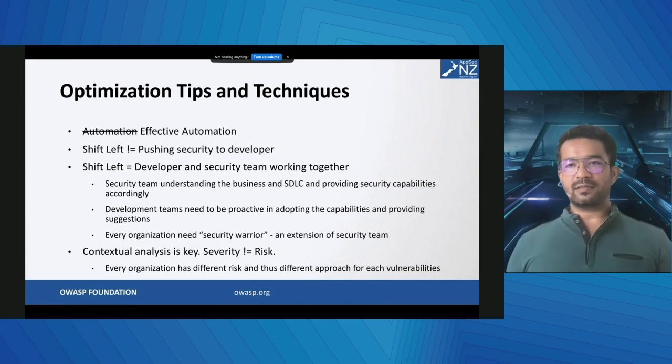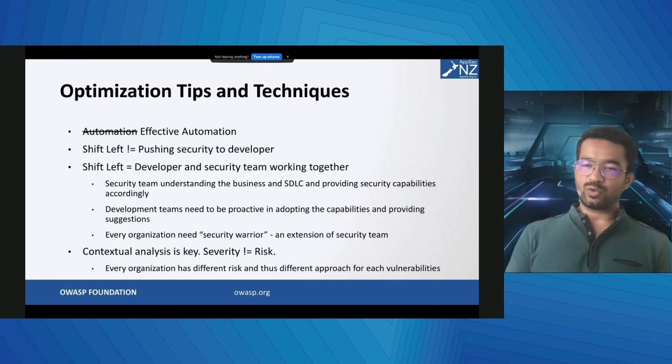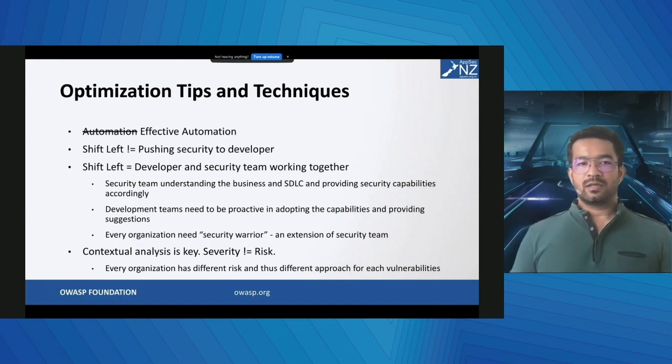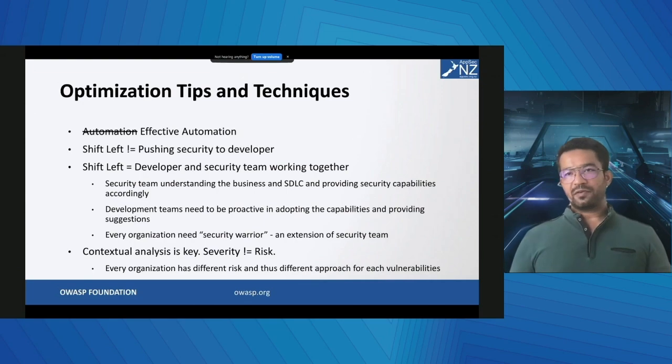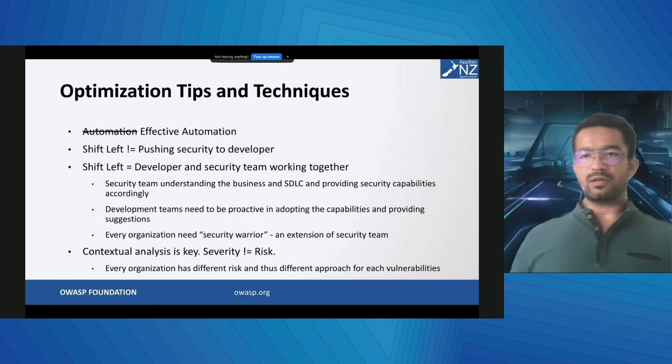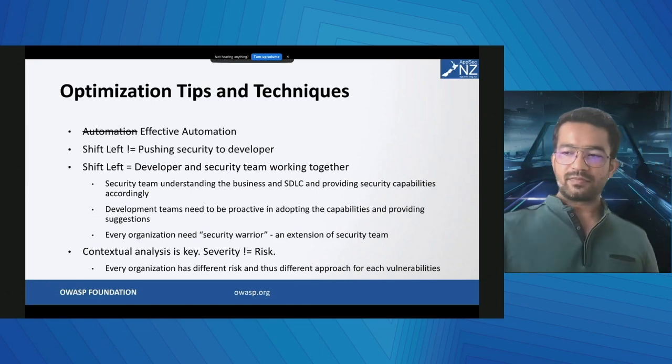So these are the three points which I think, in my opinion, will help to efficiently use the resources within the team: effective automation, shift left in a more collaborative way, and contextual analysis of the vulnerabilities.